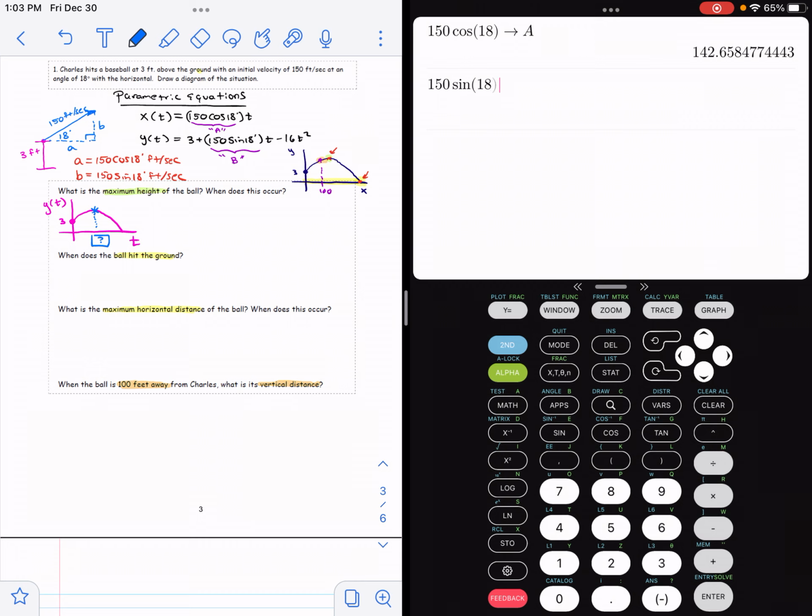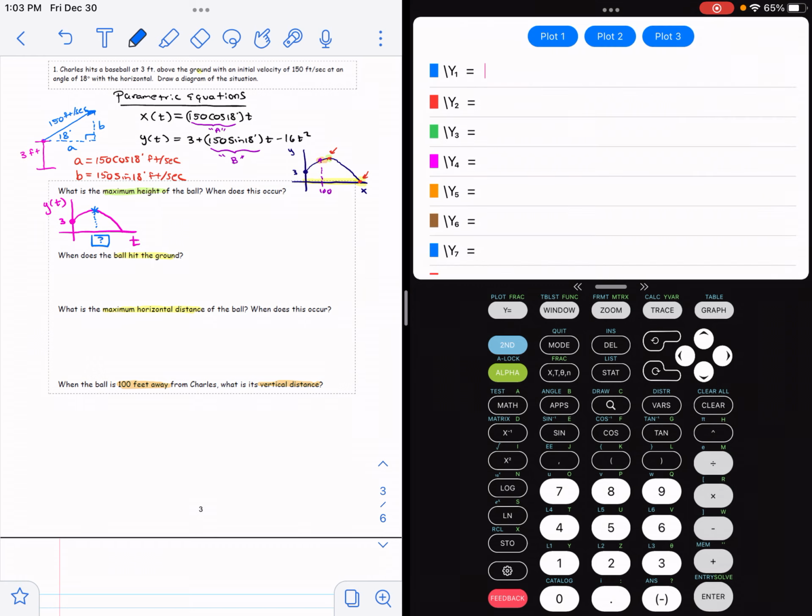I'm going to store that as B. All right, so now I'm going to just punch in my y equation, which I have up there above. It's 3 plus, now I can just write b times x and minus 16x squared.